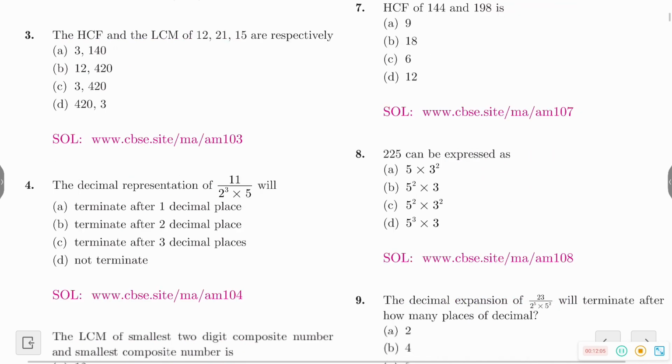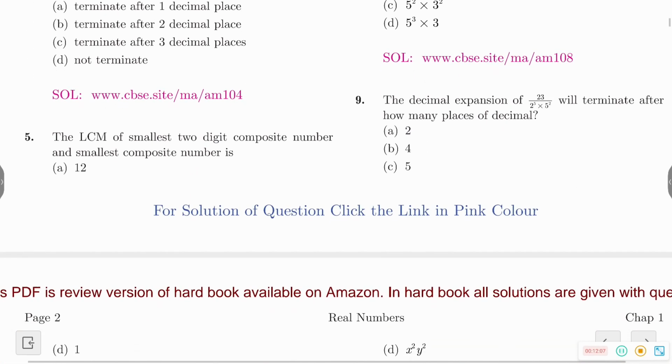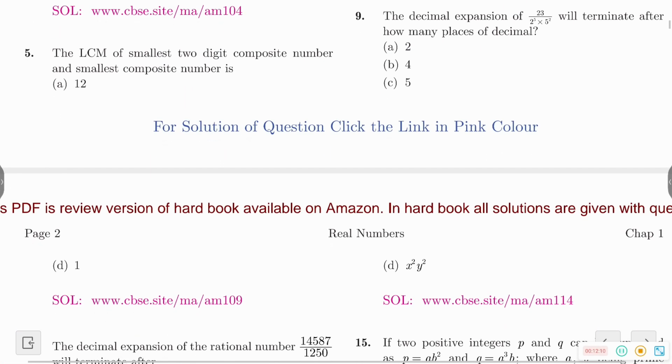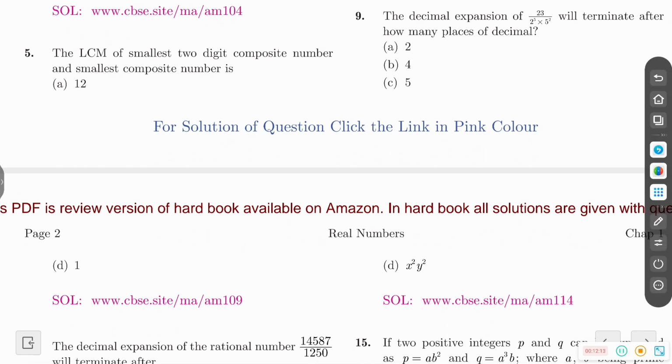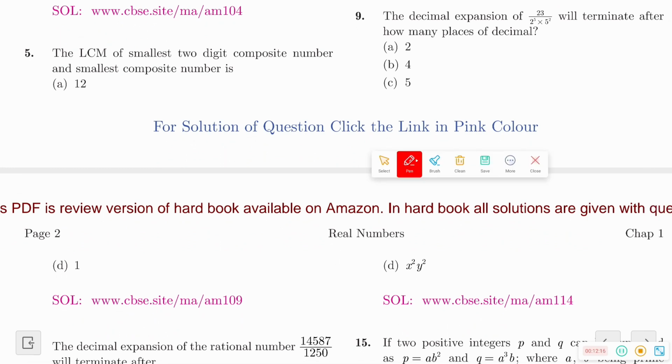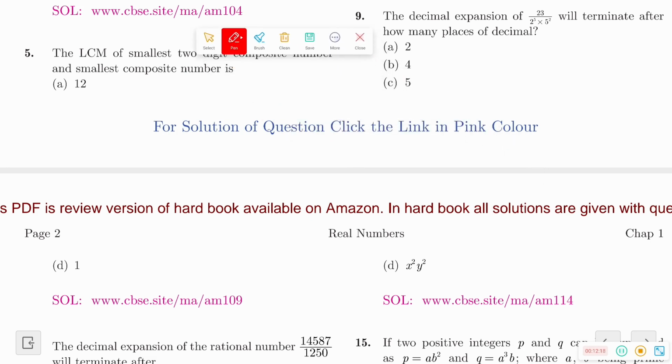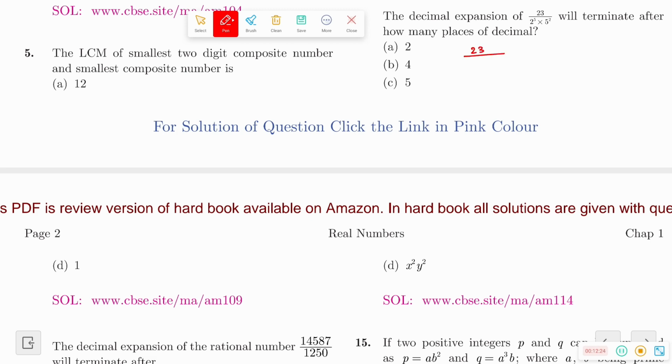Now let's see the next question, question number 9. Again we have to decide after how many digits it terminates. Here, just now we discussed, we have 23 by 2 power 5 into 5 power 2. We can make it into 10 power 5 by multiplying 5 power 3 in the numerator and denominator, that is 23 into 125 by 10 power 5.